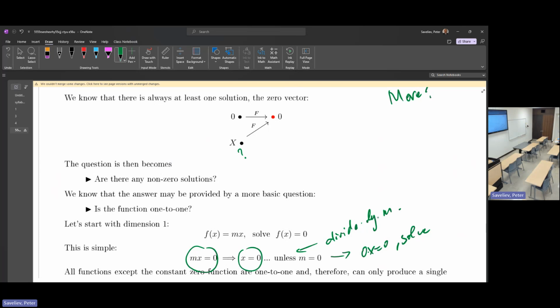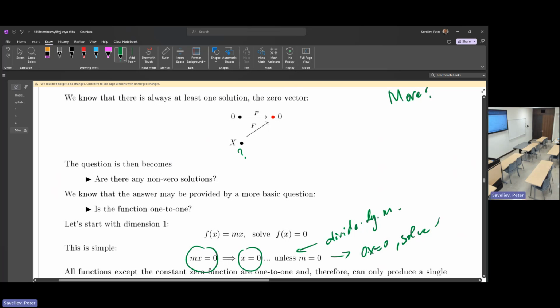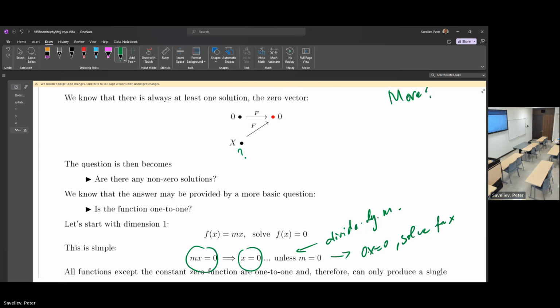You don't have to divide if you don't want to. So what's x? How about 1? Could be anything.